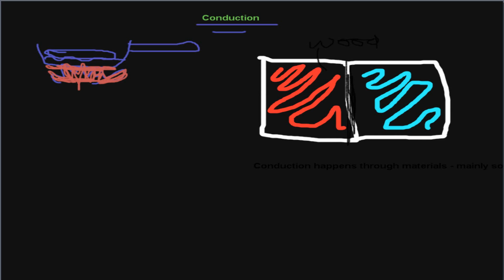And then we could say, in conduction, heat transfers from the warmer object to the cooler object. Sorry, I first said the cooler object, which might have confused some of you. I meant the warmer object to the cooler object.